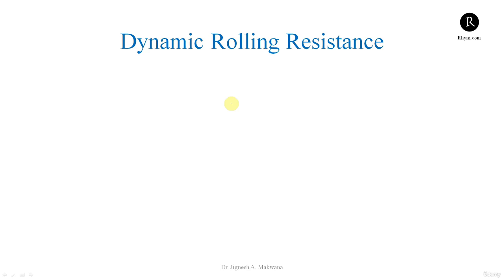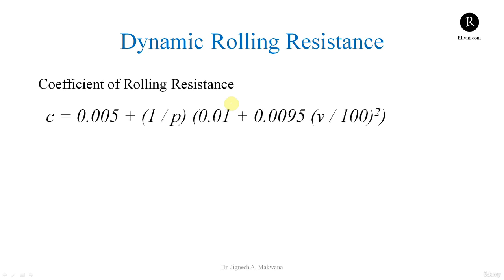Now one more thing we need to understand: rolling resistance also depends on the tire pressure and the speed, that is velocity. So that coefficient itself is not constant. So we can go through one more level of simulation with the dynamic rolling resistance. Instead of adding the constant resistance C, we can add the dynamic rolling resistance in our simulation.